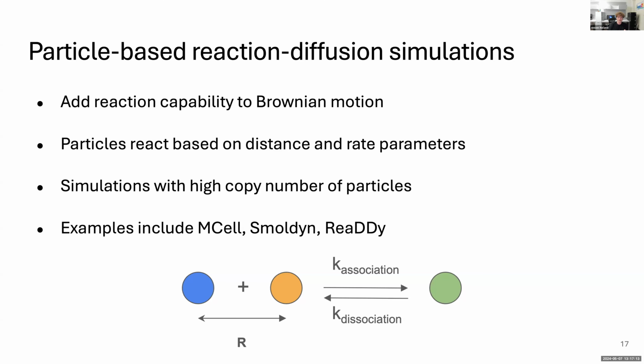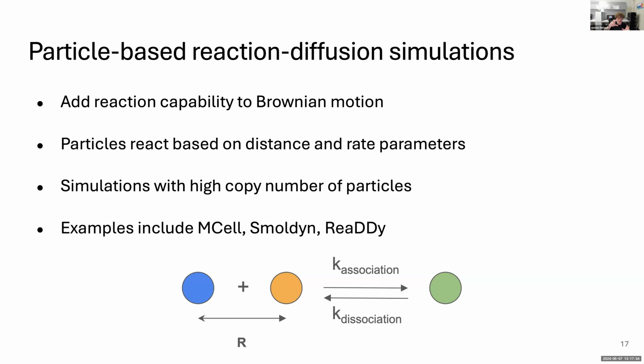Some of you might be familiar with reaction diffusion simulations. These can be used to model all sorts of processes, because the basics of a reaction diffusion simulation is that you have particle types, and the particles diffuse according to Brownian motion, and you can define reaction criteria.